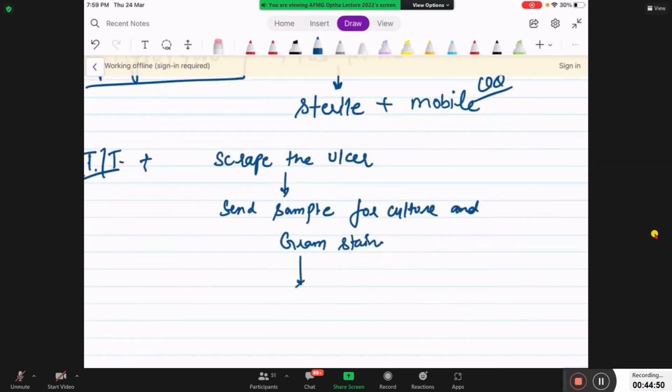Okay. And then based on that report of the culture and gram staining, after the result.